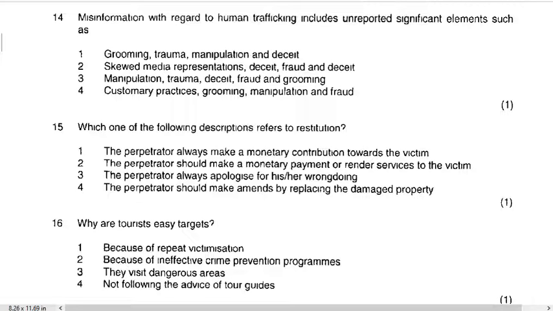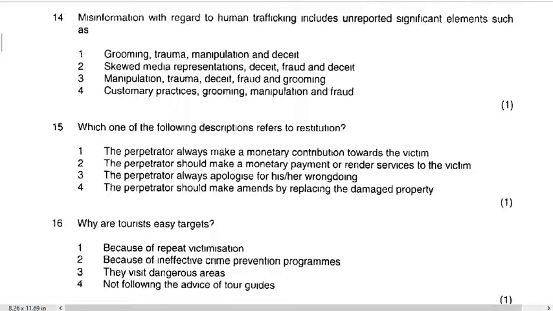Misinformation with regards to human trafficking includes unreported significant elements such as. The answer is 3. Manipulation, trauma, deceit, fraud, and grooming. This is found on page 119 of our study guide.